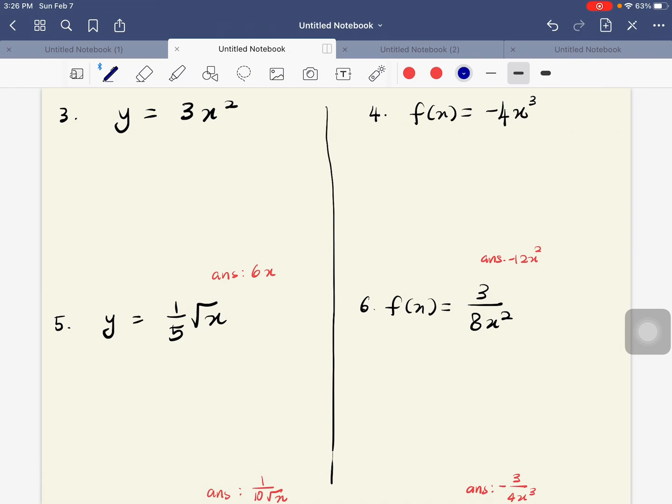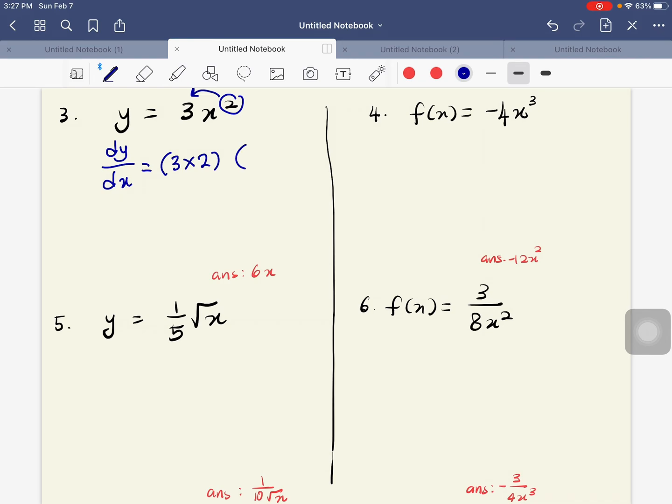So this will be easier for me because I did this all the time. Okay, if you want to get the answer, you pause my video and then you try. You pause, you try, you pause, you try, and then you check whether you got the answer right or wrong. Okay, this is the power for x. So we can differentiate this because there's an x there. So we reduce the power of x, so it becomes like 3 times 2.